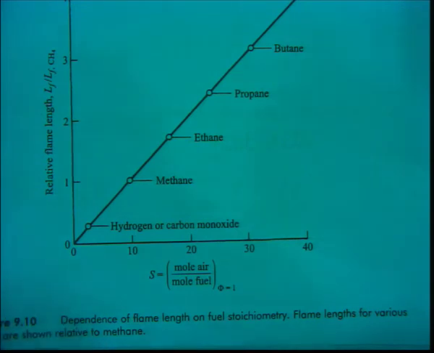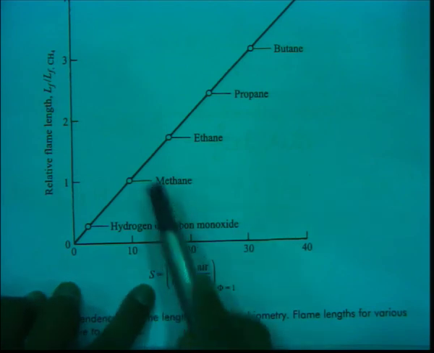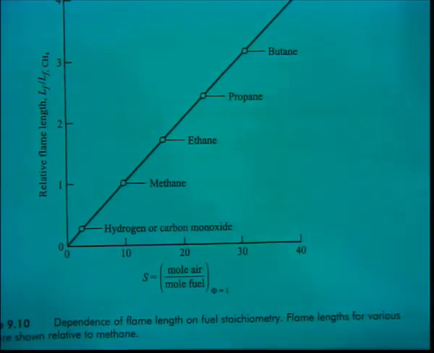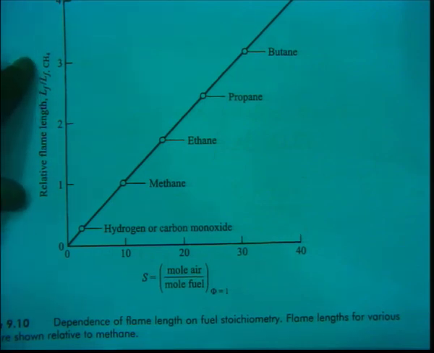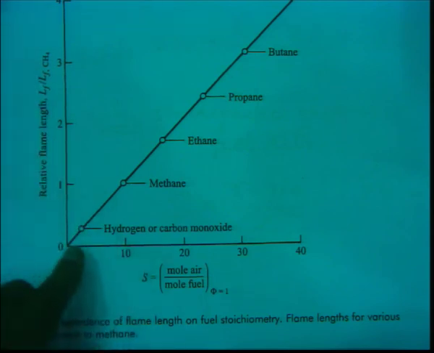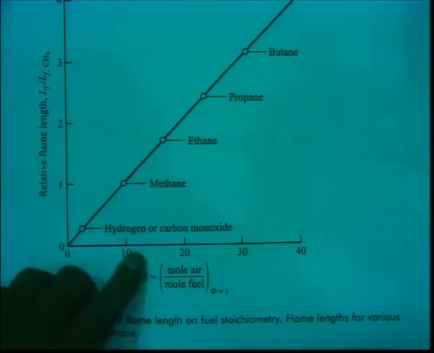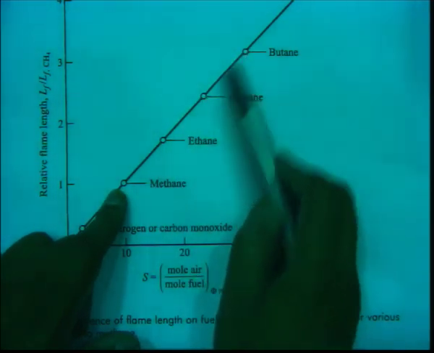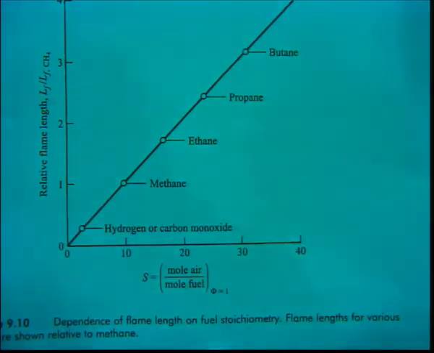Similarly, for ethane, propane, butane you can calculate the S that you require, and they will turn out to be points like this. So, it tells you that when normalized by methane flame length, this relative flame length is increasing as you go from methane with one carbon to ethane, propane, butane. So, 2, 3, 4 number of carbon atoms in the molecule. Okay.